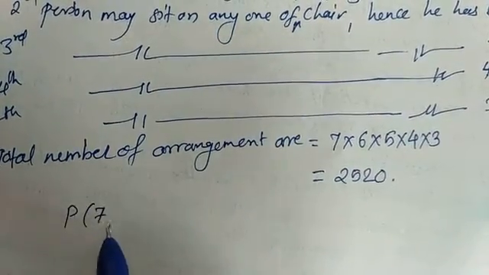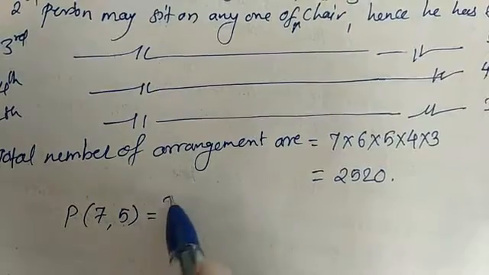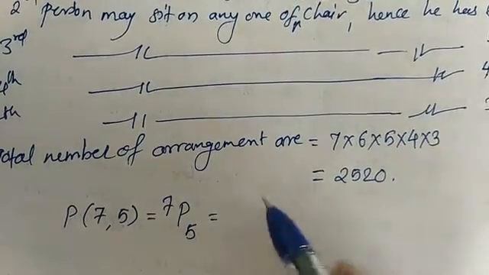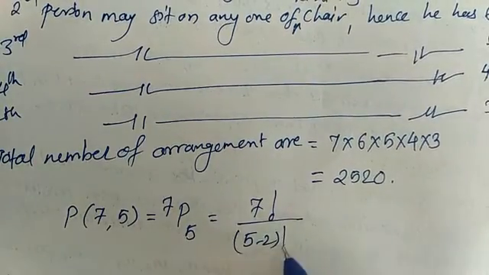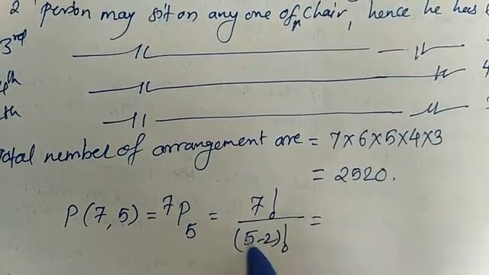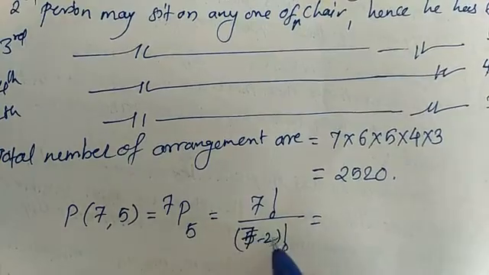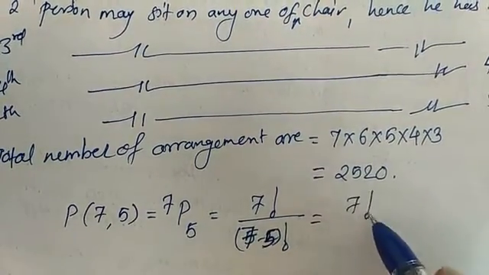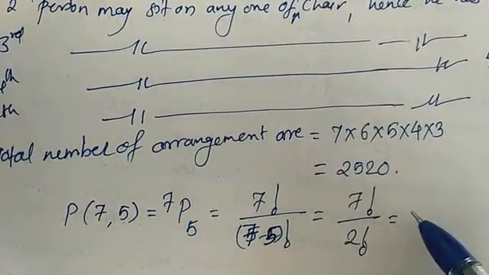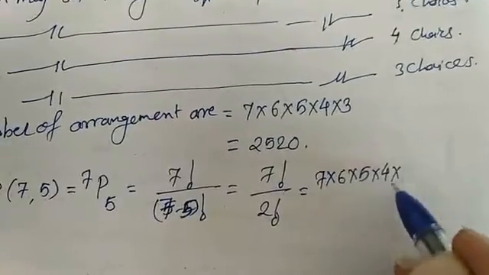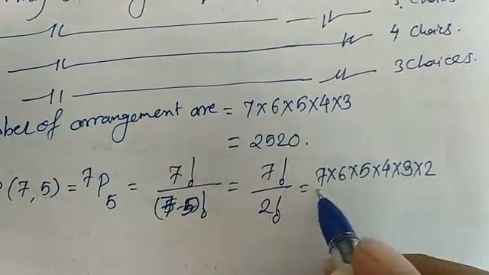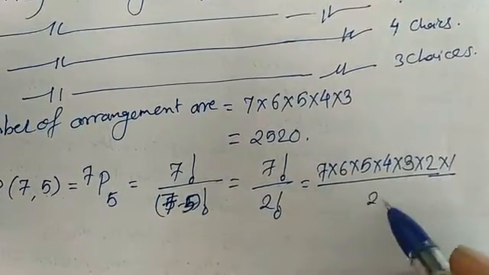Or you may directly solve it by P(7,5), also written as 7P5, which is equal to 7 factorial upon (7 minus 5) factorial, that is n minus r, which is equal to 7 factorial divided by 2 factorial, which is 7 into 6 into 5 into 4 into 3 into 2 into 1, divided by 2 into 1.